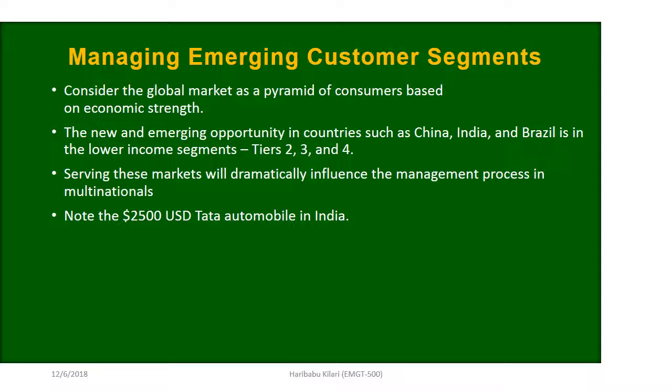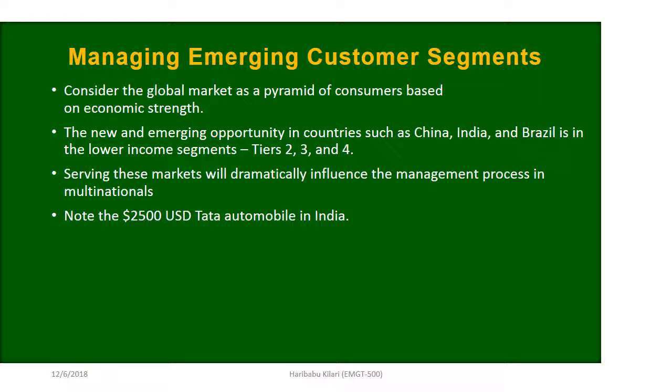The new and emerging opportunities in countries such as China, India and Brazil is in the lower income segments. Compared to even Tier 2, Tier 3 and 4 are very dependable on these emerging segments. Serving these markets will dramatically influence the management process in multinationals.